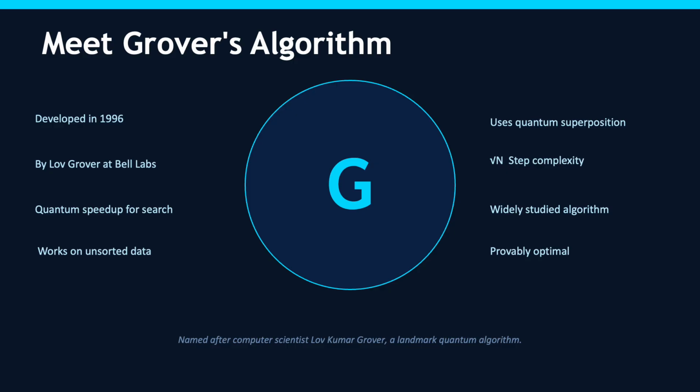It is not just a good solution, it is the best possible quantum solution to this type of problem. So it uses quantum superposition, has square root of n step complexity, is widely studied, and is provably optimal. So again, Lov Kumar Grover, a landmark quantum algorithm.